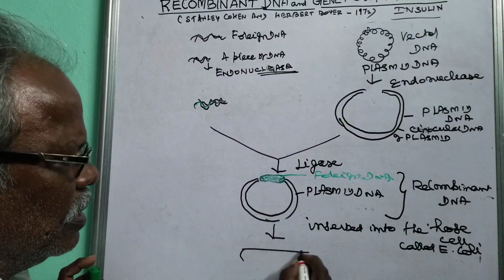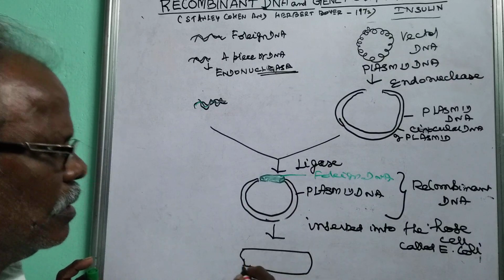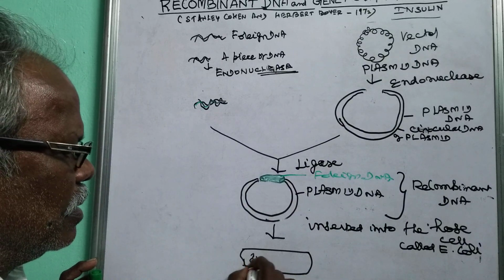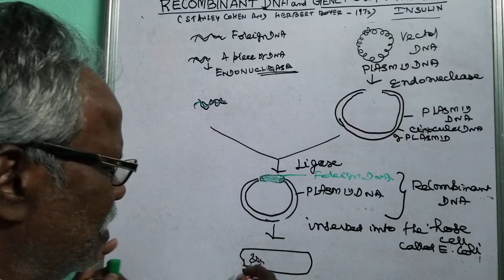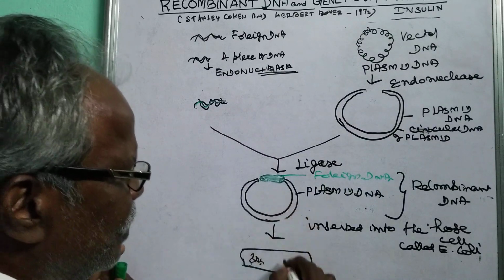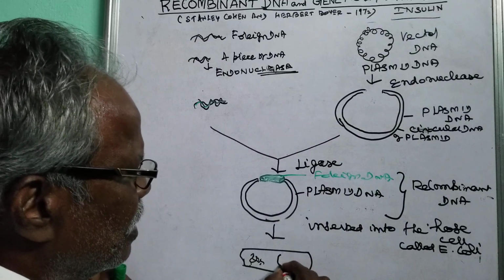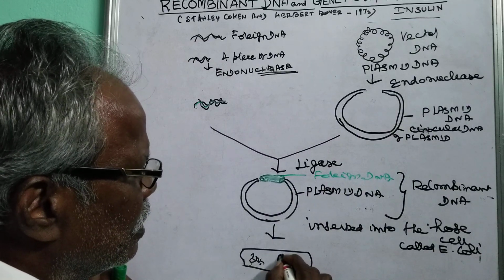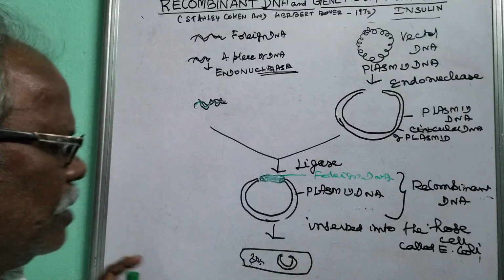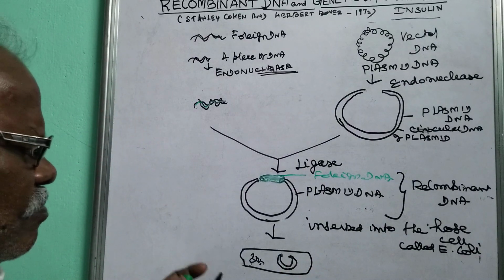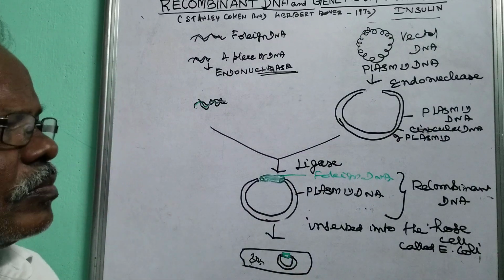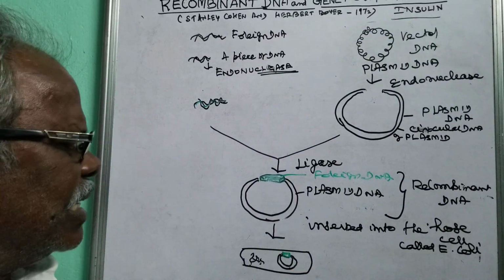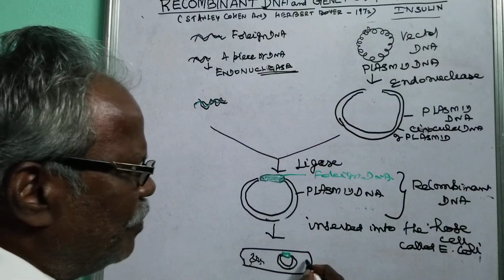So this is the chromosome of bacteria, and here we are inserting this. What is available in the Escherichia coli?